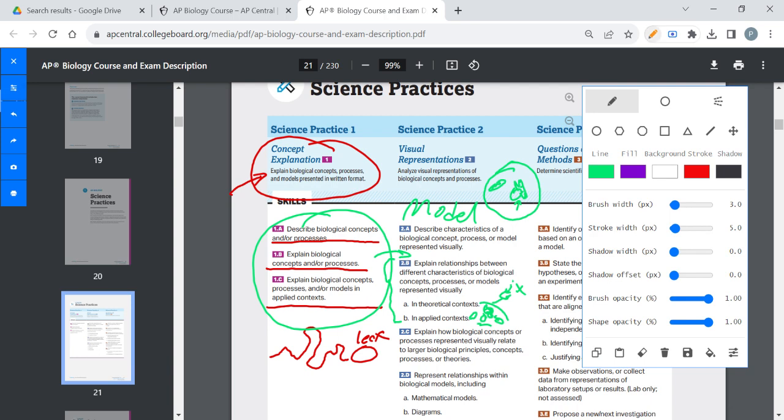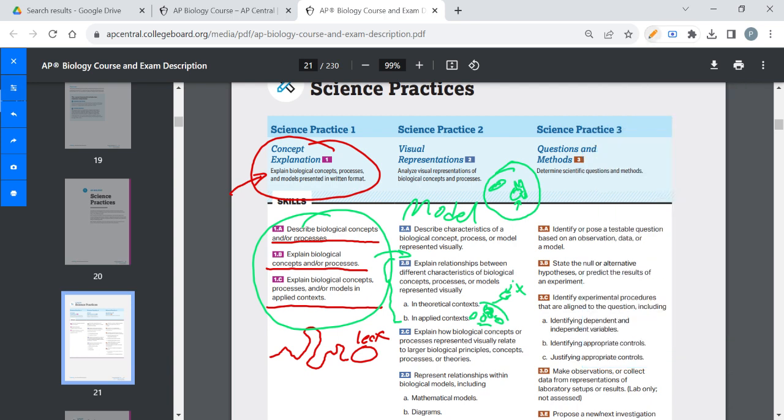The next one, let's do this one like a pink color or something. The next one that you end up having here is going to be questions and methods. This is basically doing an experimental setup, is the way I describe it to students. Can you set up an experiment in a way that makes sense, right?